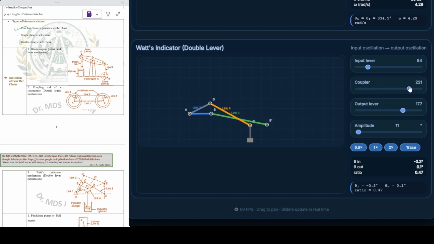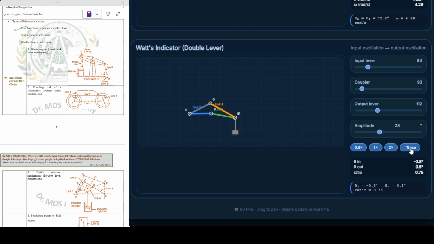The coupler is the green one's length. Output lever is what? This yellow length. Amplitude is how fast the piston is moving in up and down motion.